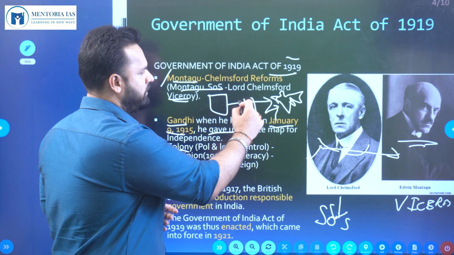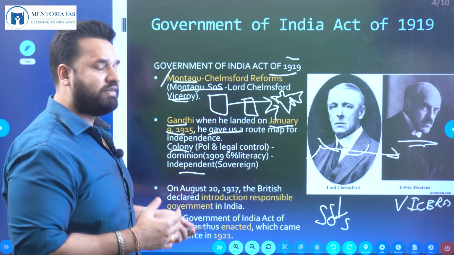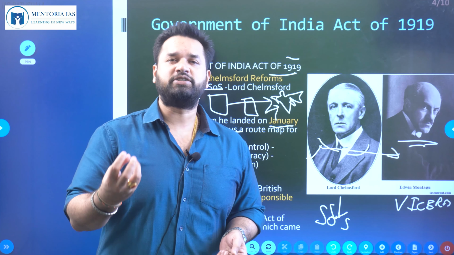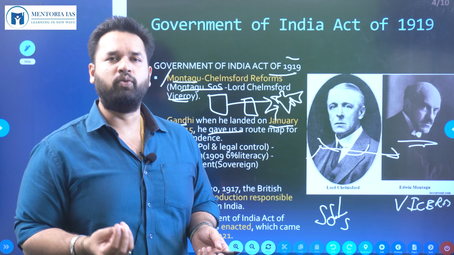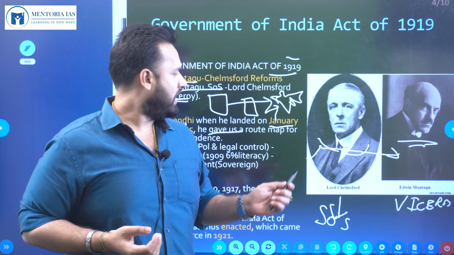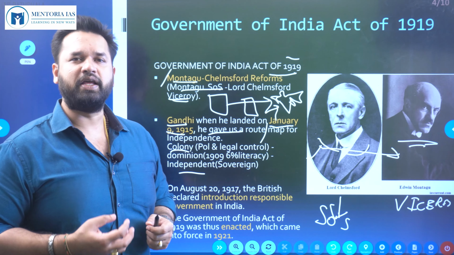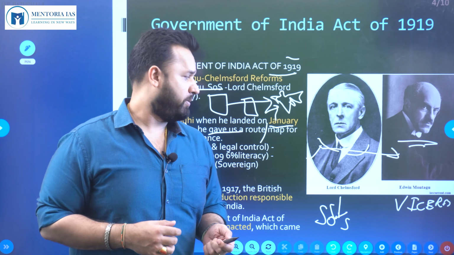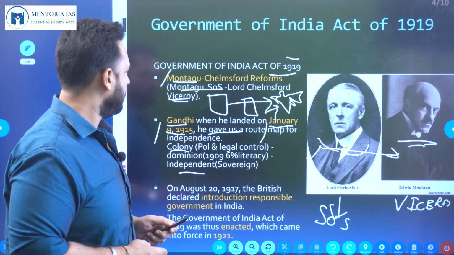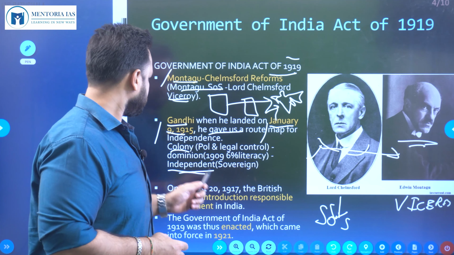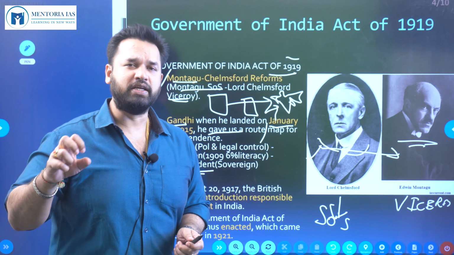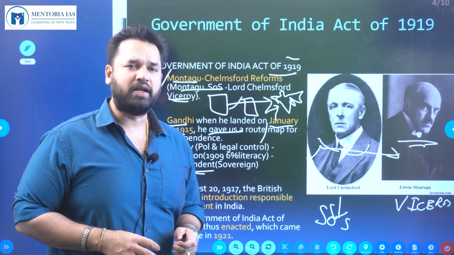From here, we became a dominion in between. The literacy during 1919 was around 6%. That means out of 100 people, only 6 are educated. Gandhi took the job of educating everybody and saying that we need to be independent. He was the mass leader. So that was the role being played by Gandhi in the years around 1919.